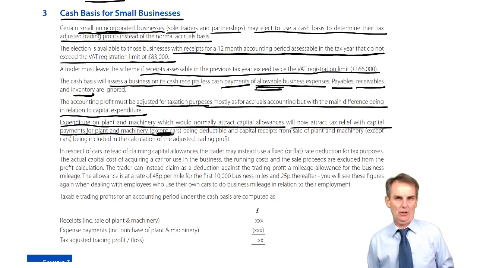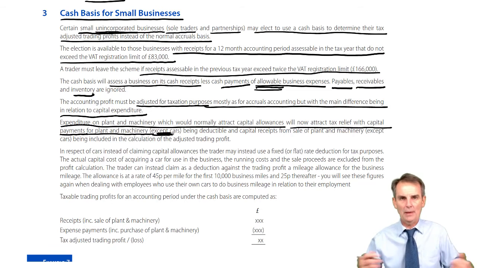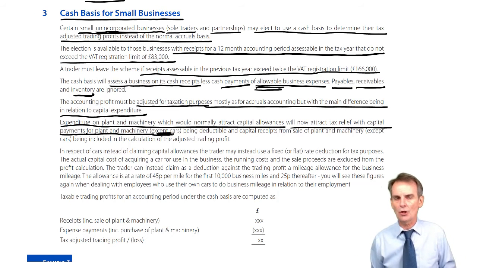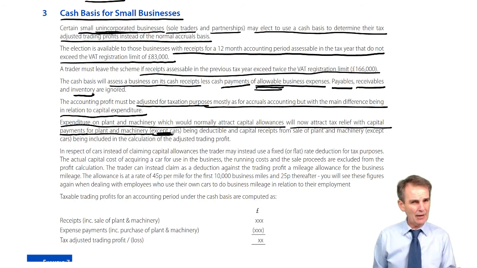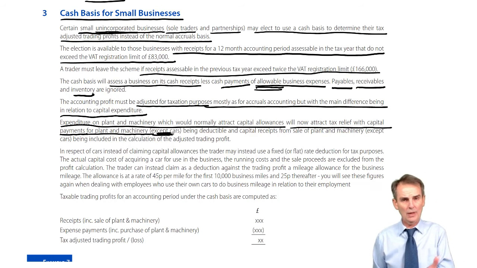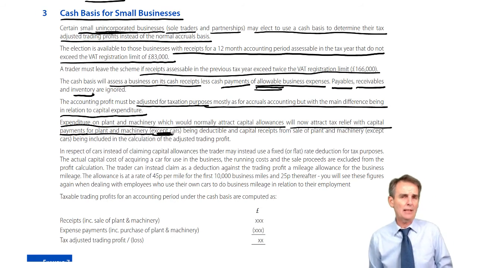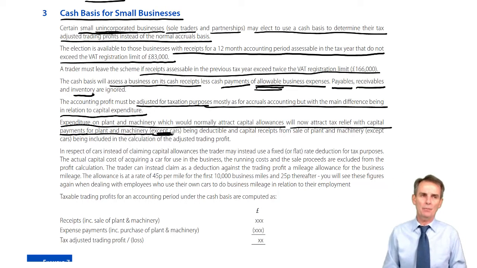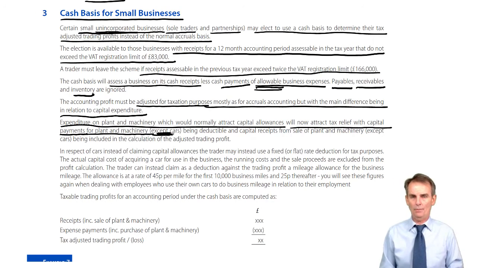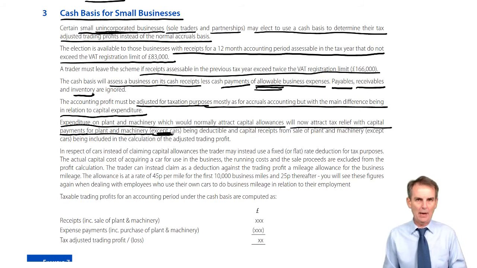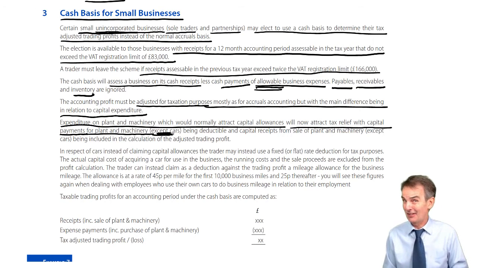The purchase of cars. Cars, of course, we had to look at their CO2 emissions to know whether we got writing down allowance and whether it was 8% or 18%, or whether we got first year allowance if we were talking about low emission cars. And if any asset was likely to have private use by the proprietor, that was the one. So cars were a real pain, much as they are indeed in real life.